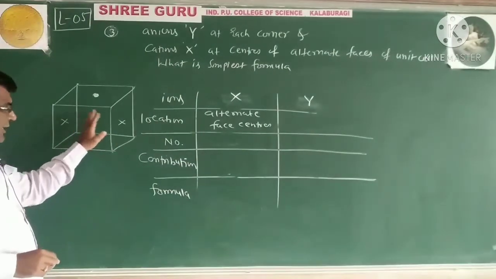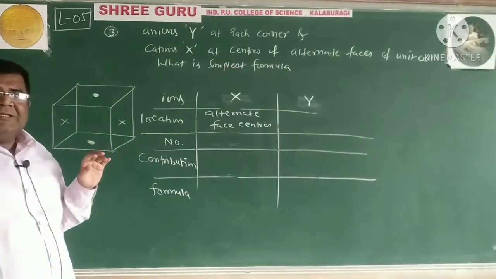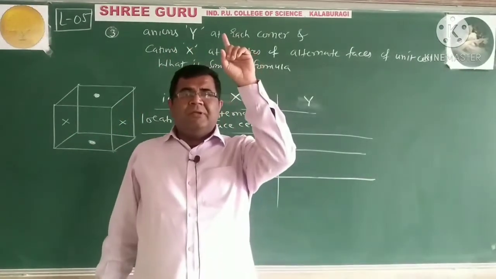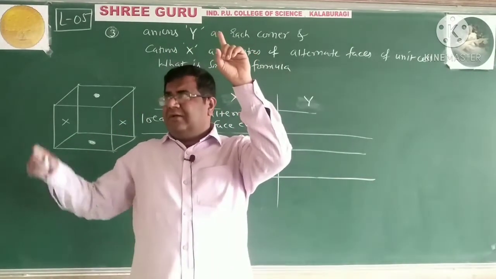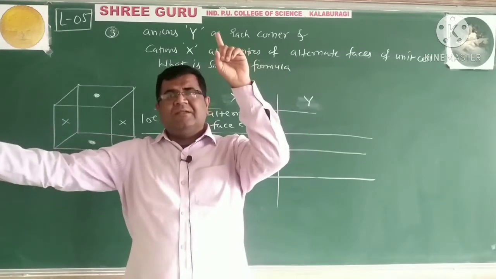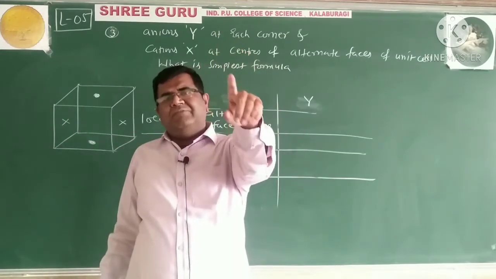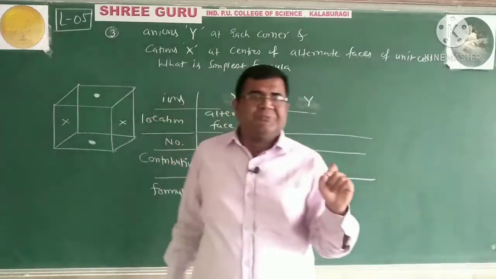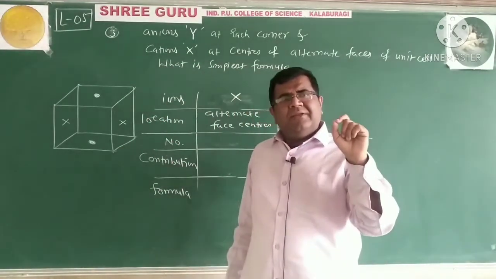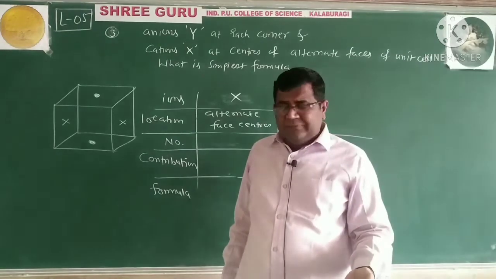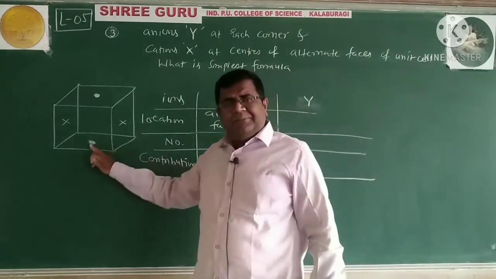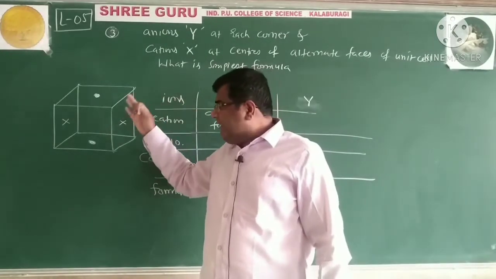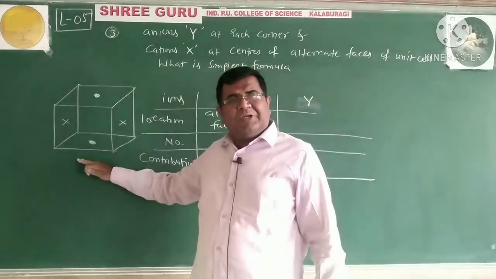The front and rear, how are they alternate? If they are present at top, this is alternate phase, and this is also alternate phase, which has to remain vacant. Front has to remain vacant. And then at bottom, rear also should be vacant, because rear is also alternate to the bottom.